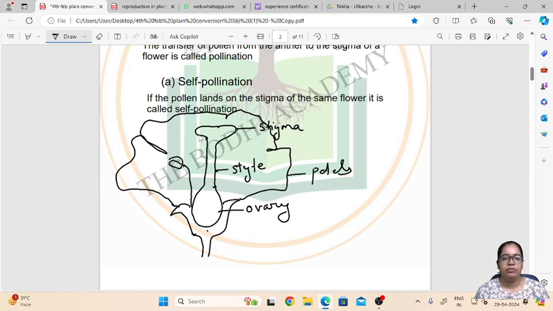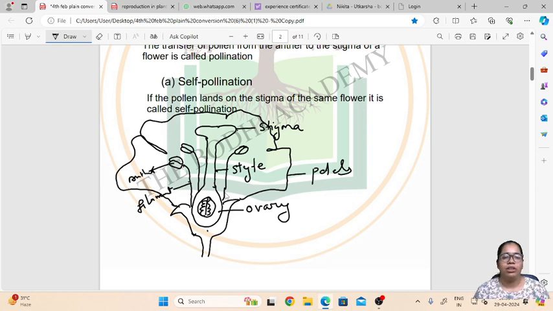Stamen consists of filament and the anther. Basically this is the male reproductive part, and stigma, style, ovary is the female reproductive part.